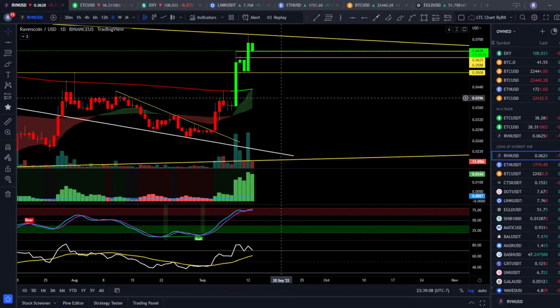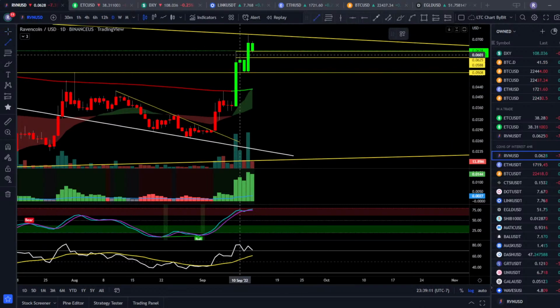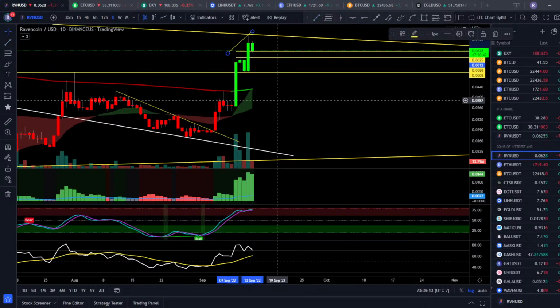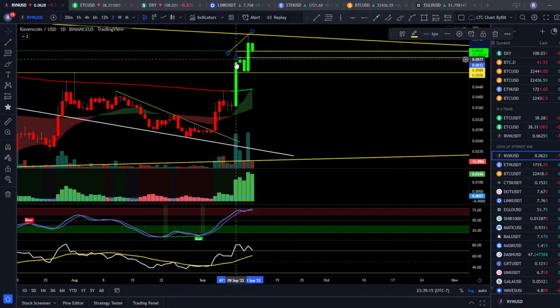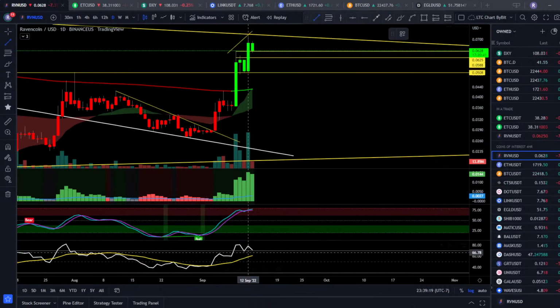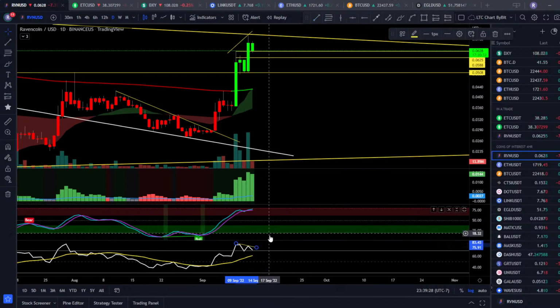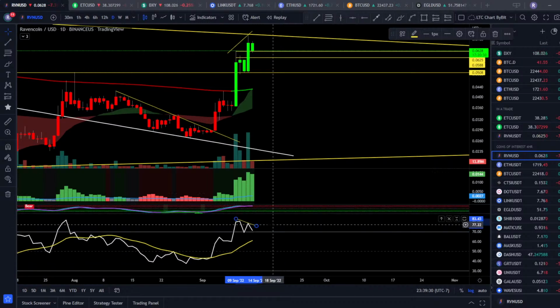We've got divergence happening, which, if you don't know what divergence is, it means you get a higher high on the price. So we hit right here and we got higher, but on the RSI, when we did hit this high right here, we are actually going lower. I don't know if you can see that. Let's see if I can make that a little bit bigger.